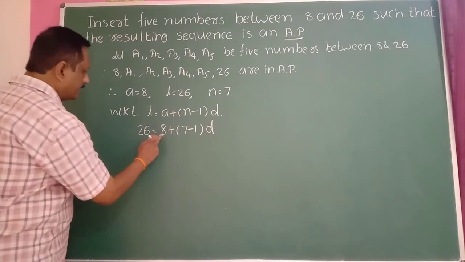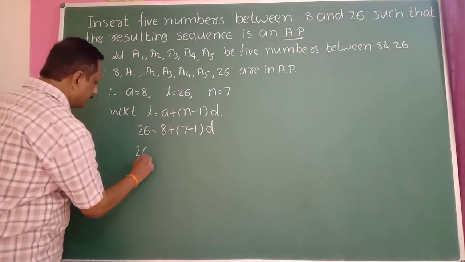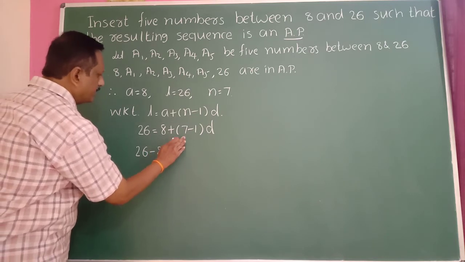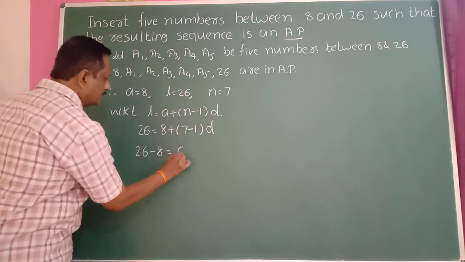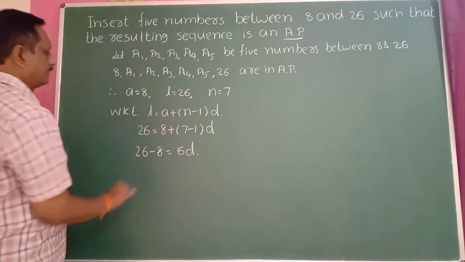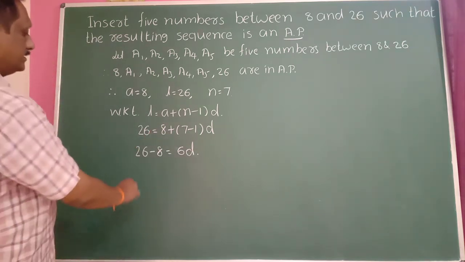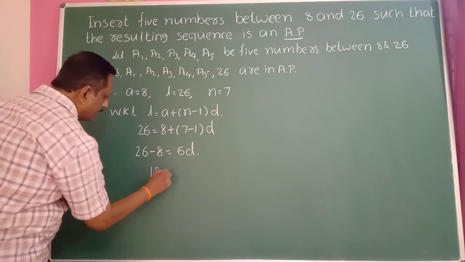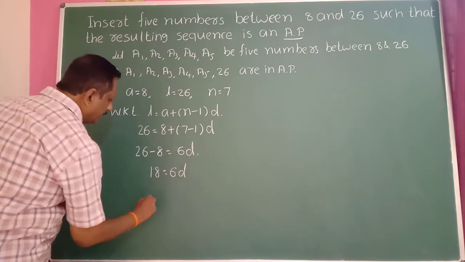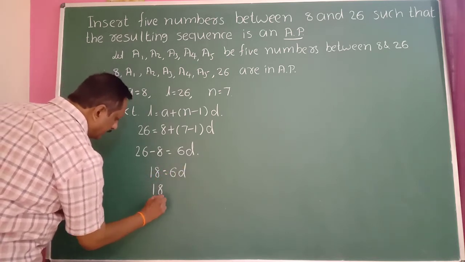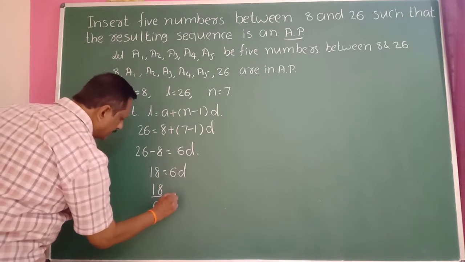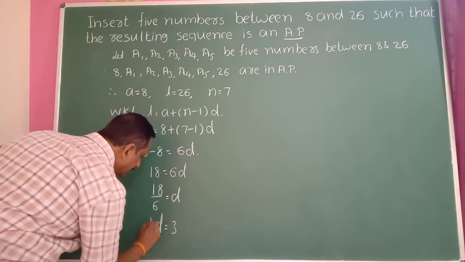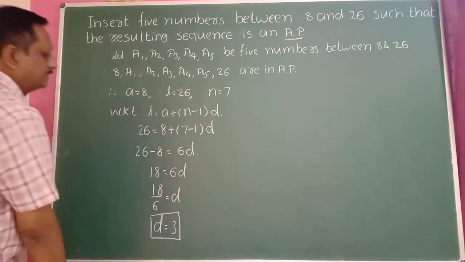Then take it to the left hand side: 26 minus 8 is equal to 7 minus 1, which is 6, into d. Then 26 minus 8 becomes 18 equal to 6d. Hence 18 divided by 6 is equal to d. Yes, the d value is 3. Therefore, the common difference is 3.